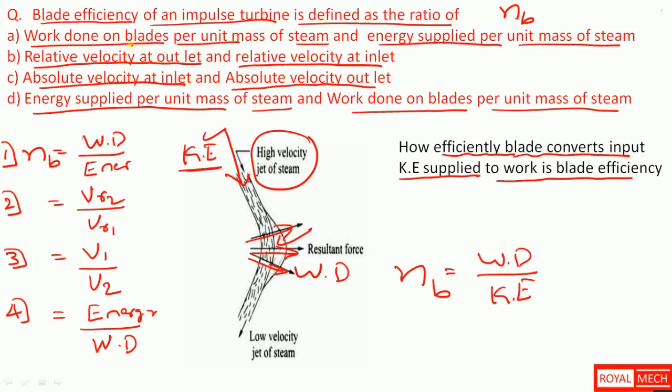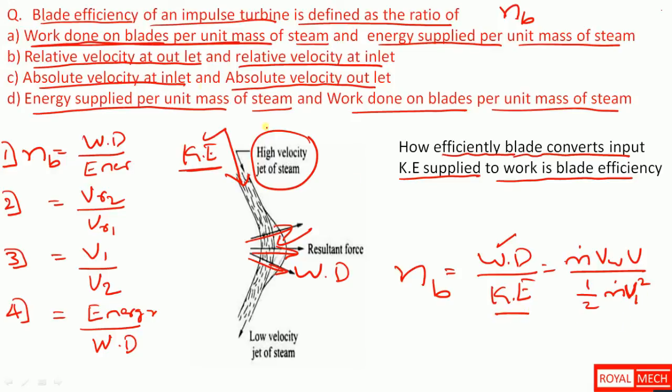So therefore option A is work done on blades per unit mass. Work done is m dot Vw into U, and kinetic energy is half m v square, that is v1 square.